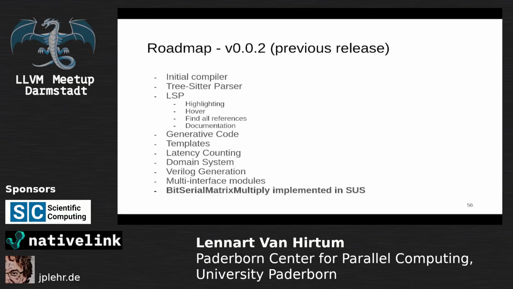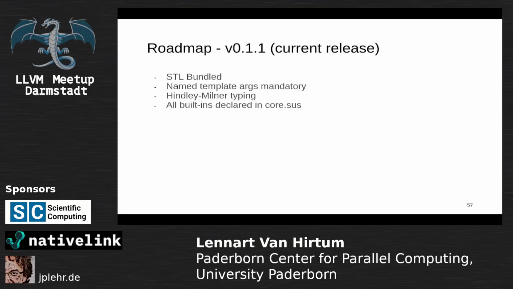And so the vast majority of the features you saw in the presentation were already in the language in this 0.0.2 version. 0.0.1 just did minor technical changes, so we now bundle the standard library with the compiler, such that you didn't need to have separate files for it. Most of the code changes, though, were internal technical work, such as switching to Hindley-Milner, which helped us a lot in the later stage for type inference.